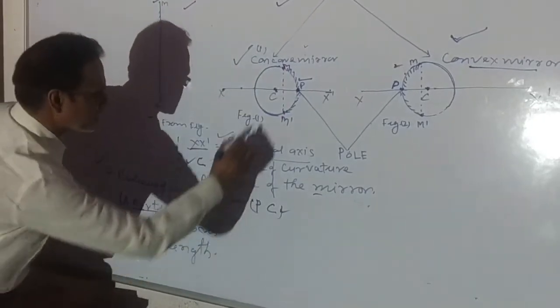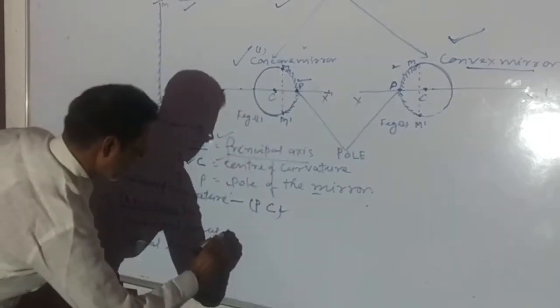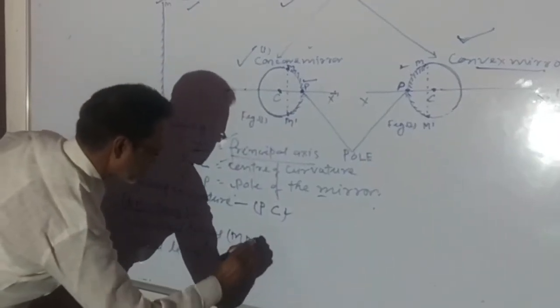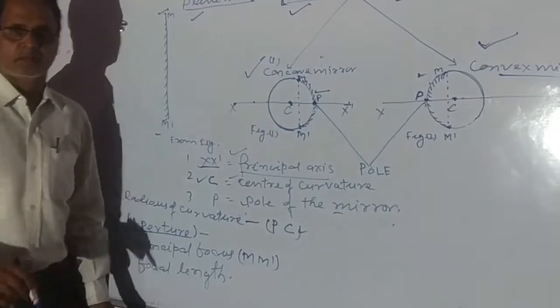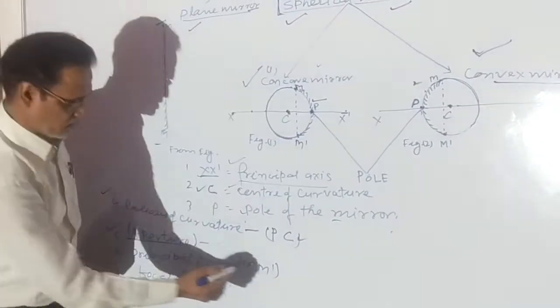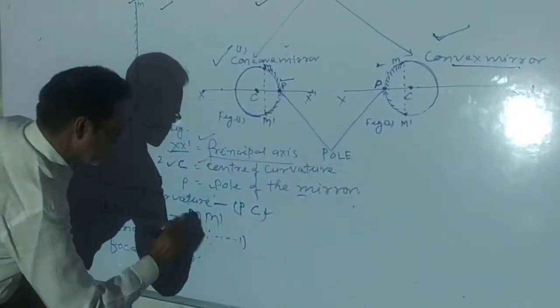So this is the aperture, M dash. M dash is the aperture of the mirror. इसको aperture कहते हैं. Okay? M dash. This is your aperture.